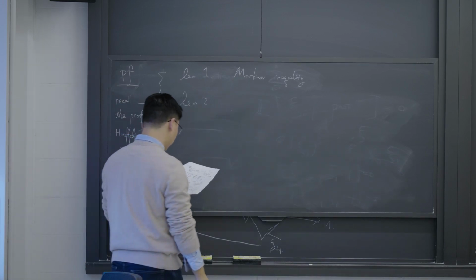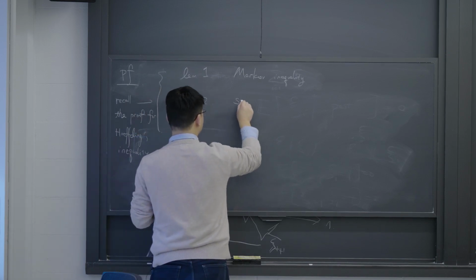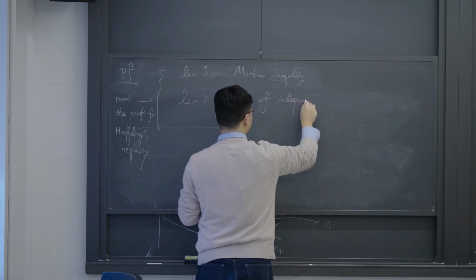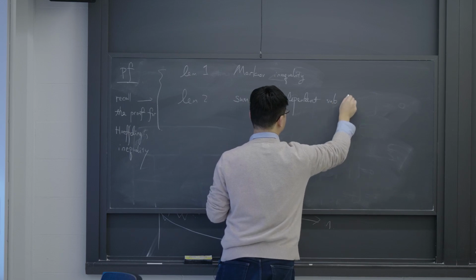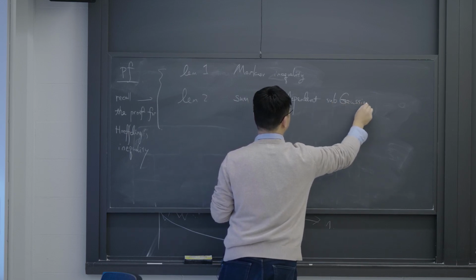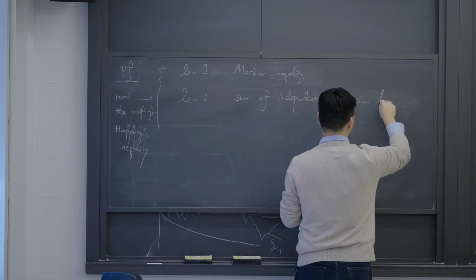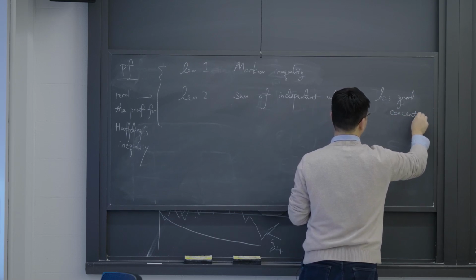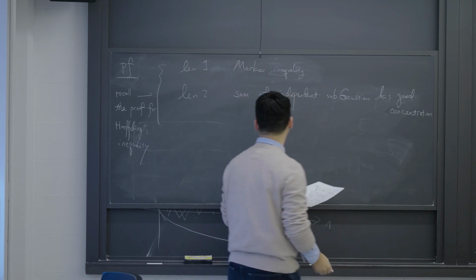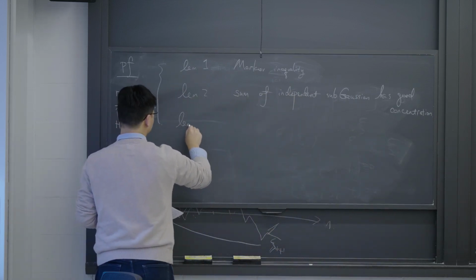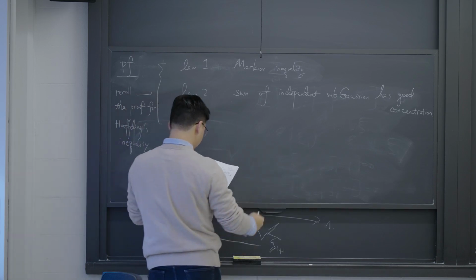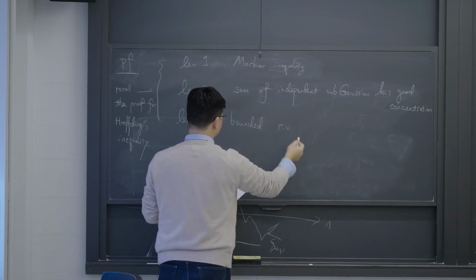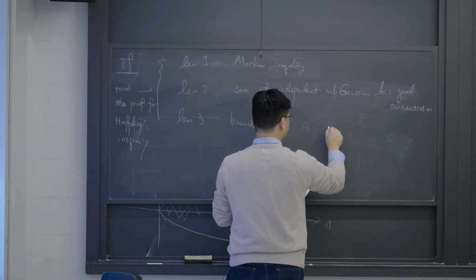Lemma 1 is Markov's inequality, which of course we don't need to modify at all. The second lemma says that the summation of independent Gaussians has good concentration. The third lemma says that a bounded random variable is sub-Gaussian.